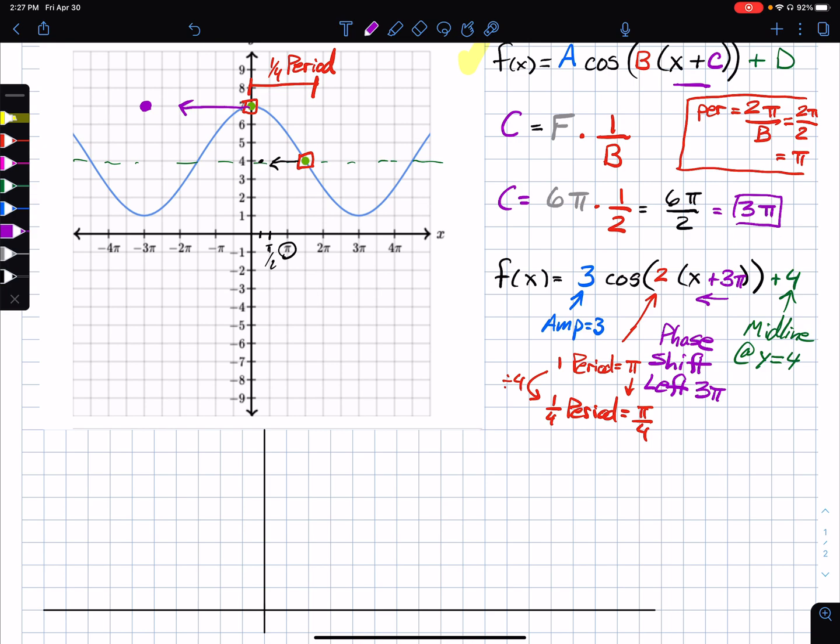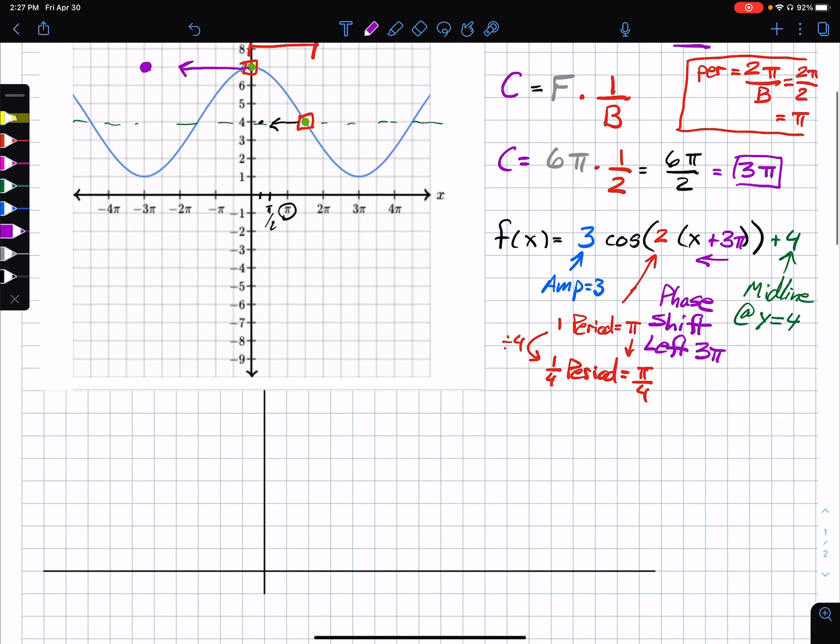So that's where the very first dot is, back at negative 3 pi. And I'm going to make my scale here, negative 3 pi, at a height of 7. So 1, 2, 3, 4, 5, 6, 7. Right there, that's where that first green dot for that maximum should be.